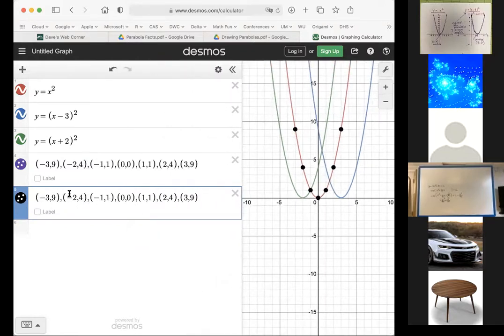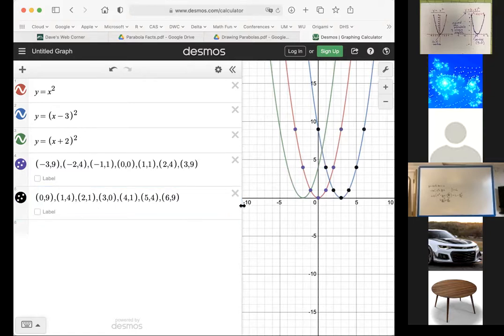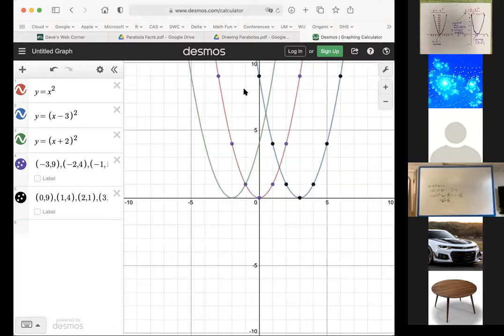Let me take all those points and add 3 to every x value. That's a 0. That's a 1. That's a 2. That's a 3. That's a 4. That's a 5. That's a 6. You see, I just reproduced the same points, but now they're on the blue parabola.